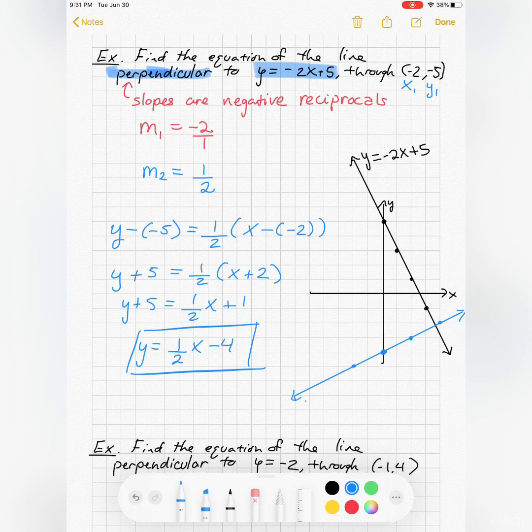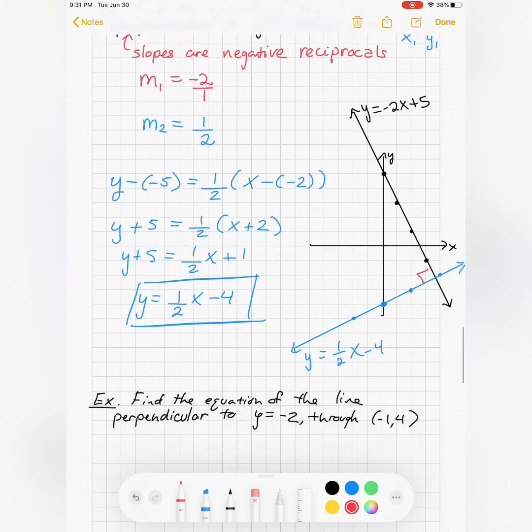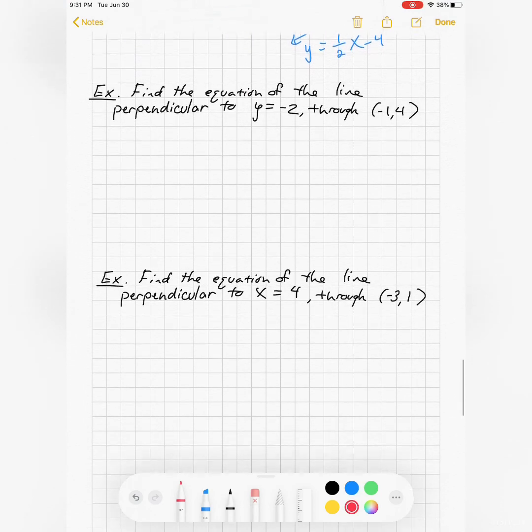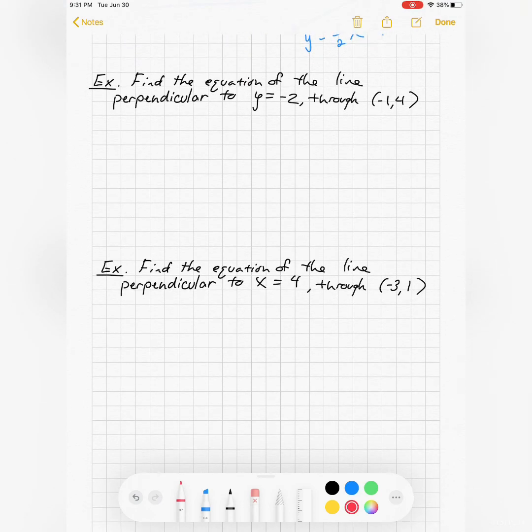Okay. So here's our 90-degree angle. Looks pretty good. And here are our special cases.